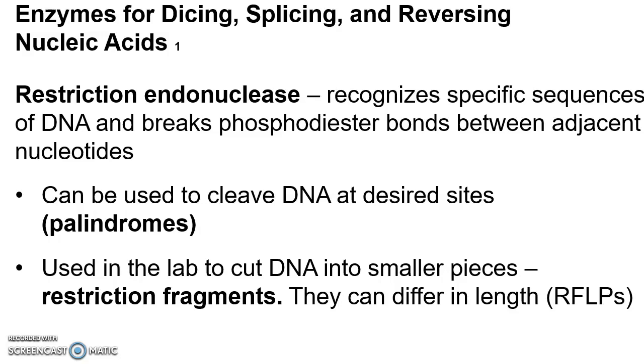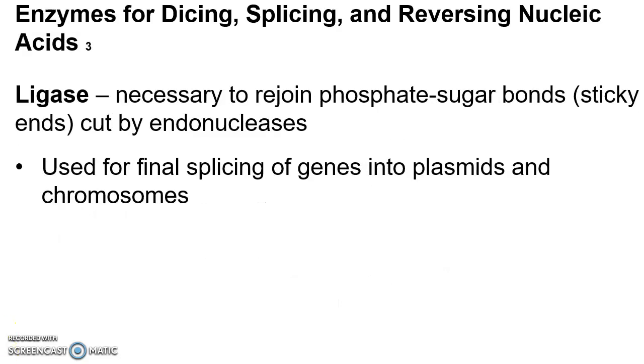That's RFLP, restriction fragment length polymorphisms, and that can allow scientists to compare the cutting patterns of DNA from two different organisms with the same endonuclease based on the differences in the restriction fragment lengths that it produces, which is one of the steps in preparing genes from different organisms to be spliced or joined together.